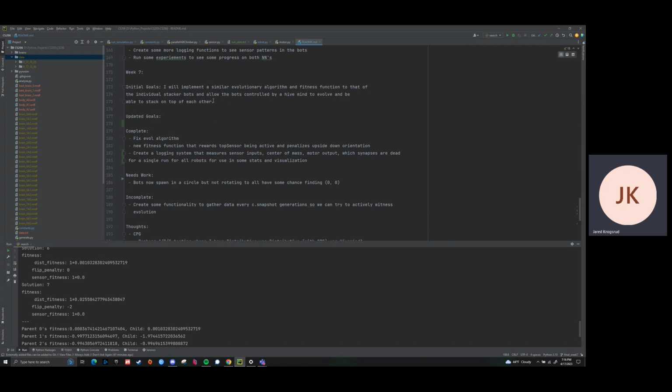So what I did this week was make a new evolutionary algorithm for both types of neural networks that I'm using, the distributive mind and the hive mind, with a goal that they will interact with each other, giving a chance for the hive mind to really shine. That is the goal.